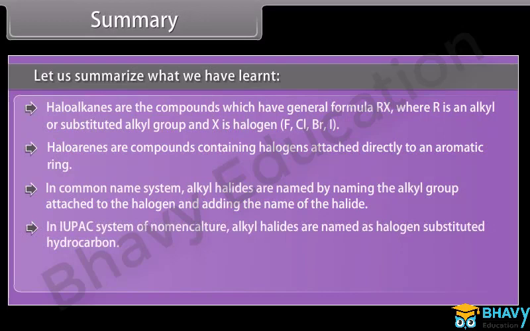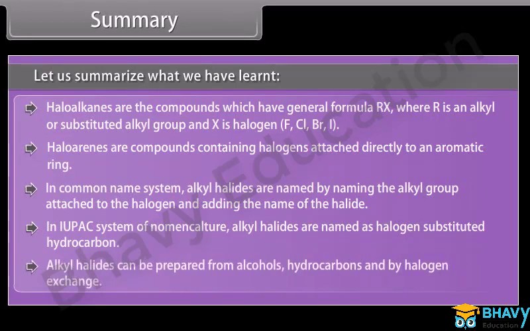In the IUPAC system of nomenclature, alkyl halides are named as halogen-substituted hydrocarbons. Alkyl halides can be prepared from alcohols, hydrocarbons, and by halogen exchange.